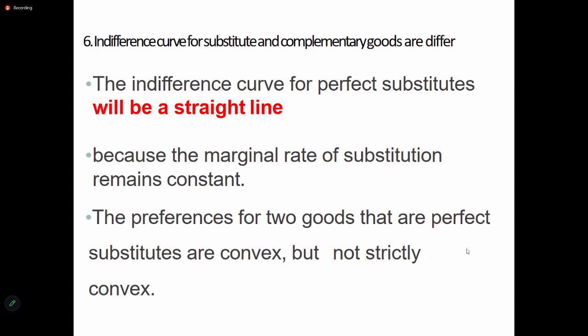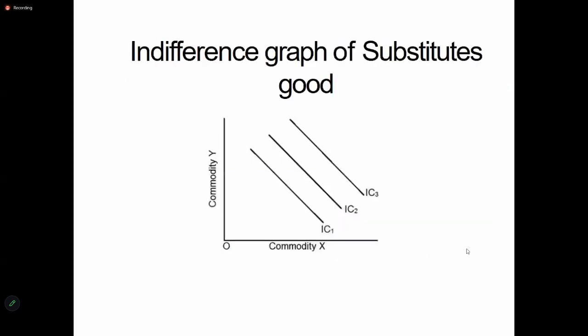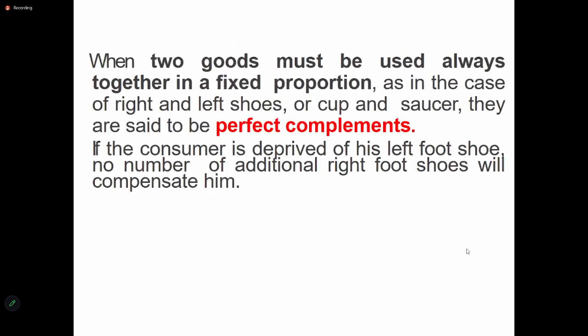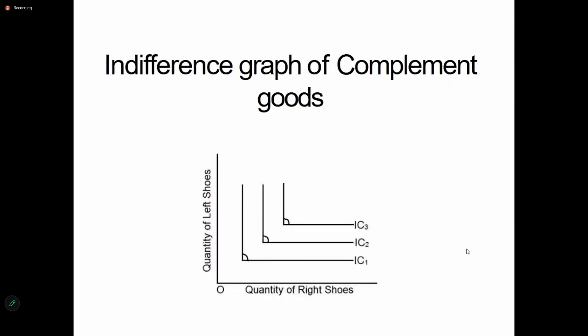Okay, you should remember for the substitutes, it is just a straight line because one is substituting for another. But for the complementary goods, we discussed both substitutes and complementary. So in perfect complements, complementary goods are not like straight lines because if one is reducing, the other is also reducing.